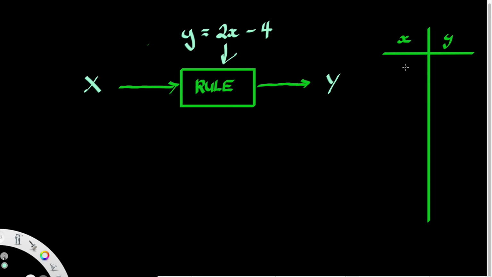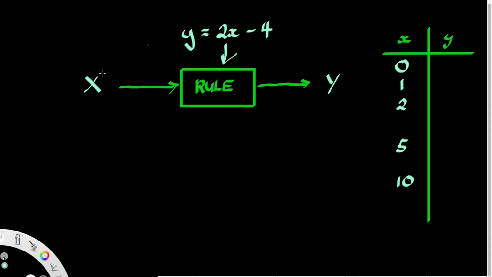So let's take some numbers. I'll start with 0, then the number 1, 2, 5, and 10. Let's see what this rule does to these numbers. Let's start with the first one, x equals 0.